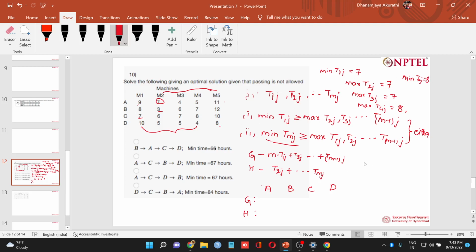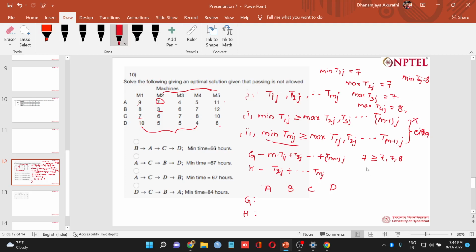Now we check whether the minimum of T1J, which is 7, is greater than or equal to the max of T2J, T3J, T4J: 7, 7 and 8. It is satisfied for the first and second, but not for the fourth, since 7 is not greater than or equal to 8. So the first condition is not satisfied.